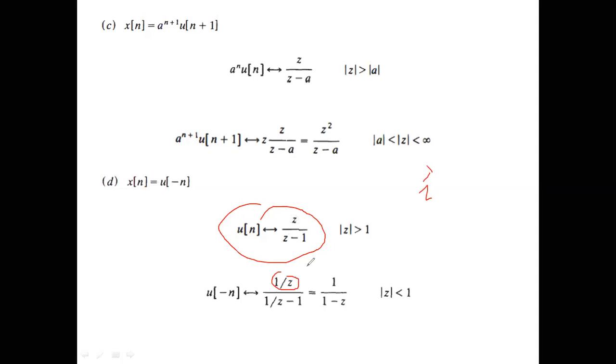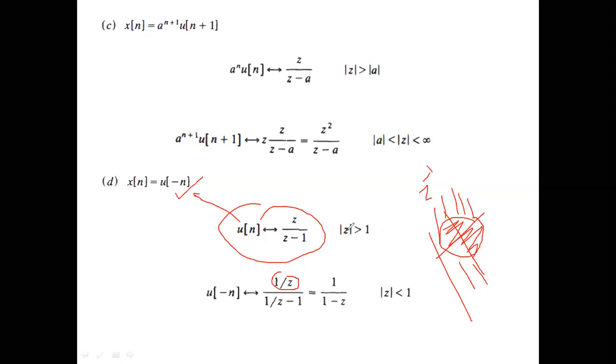And what else has happened? Now you can see the right-sided sequence u of n has been turned into a left-sided sequence. So that means the ROC shall be the inverse. If earlier it was stable outside the circle and unstable inside the circle, now it will be the complement. Earlier it was stable outside the circle, now it is stable inside the circle, because z was replaced by 1 by z.